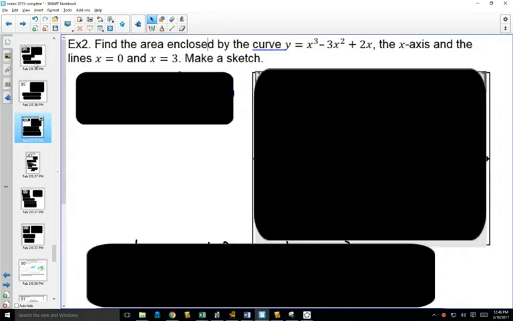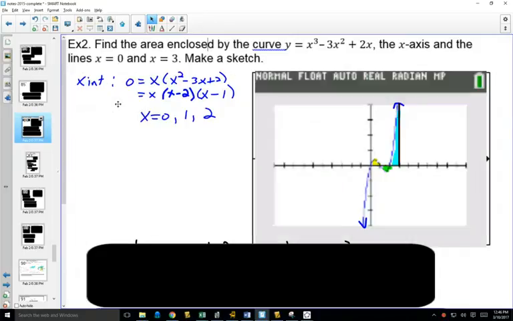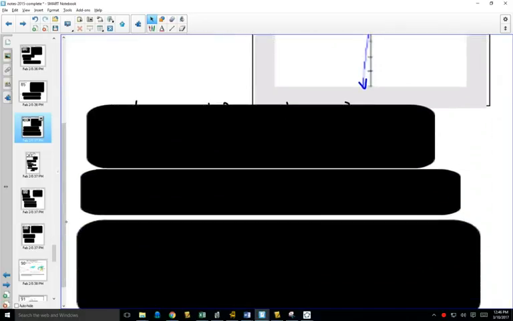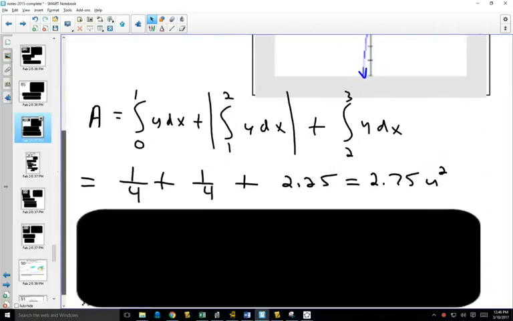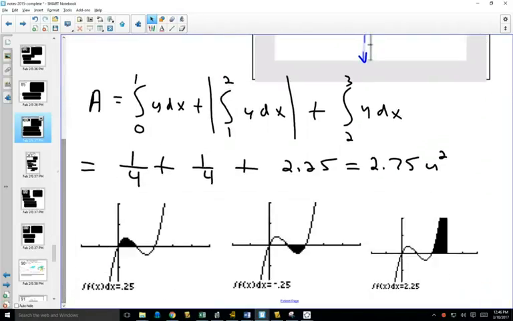Here we go. So there's our picture from our graphing calculator, and doing each of those things.